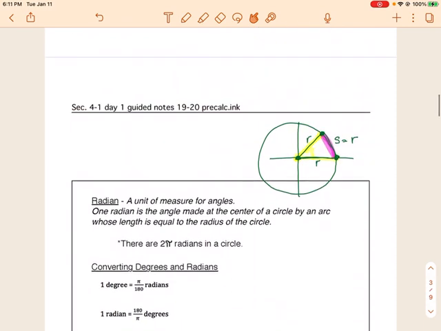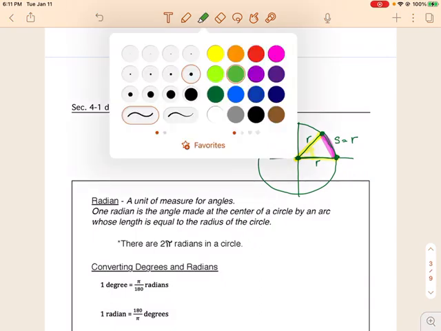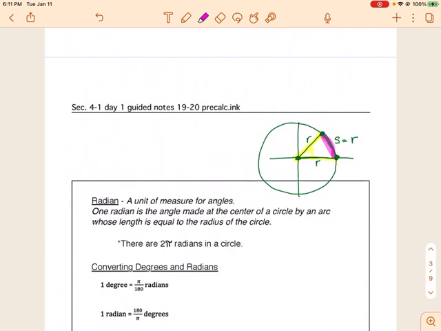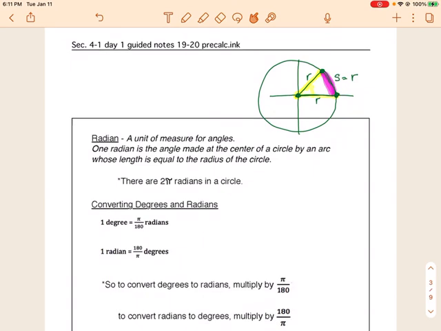Looking at this diagram here, we have the radius marked, then we create another radius, then this arc that's measured, this arc length measured in the pink here, we call it S. If that's the same length as the radius, then that is what is called a radian. So there are 2 pi radians in a circle.